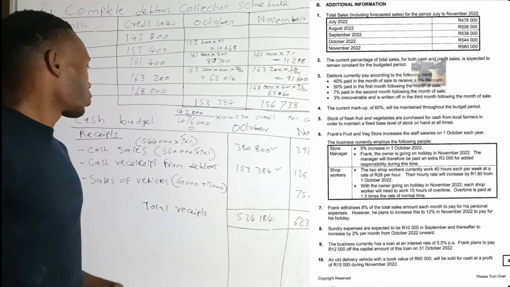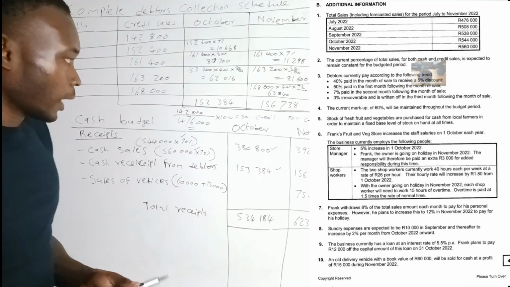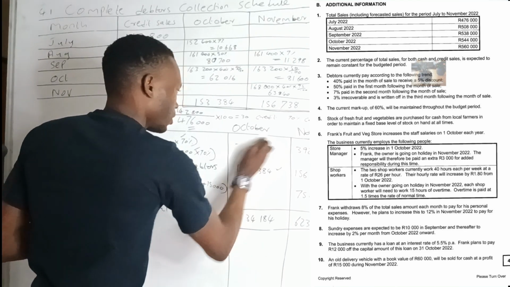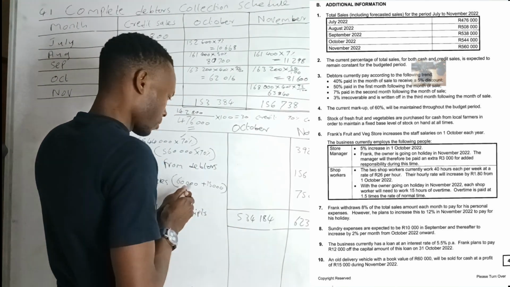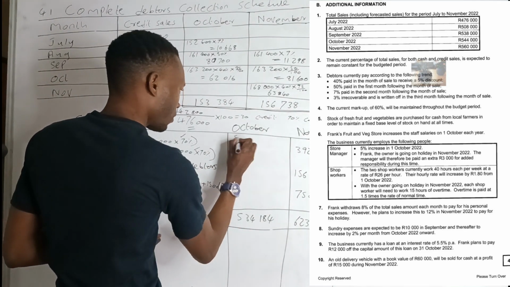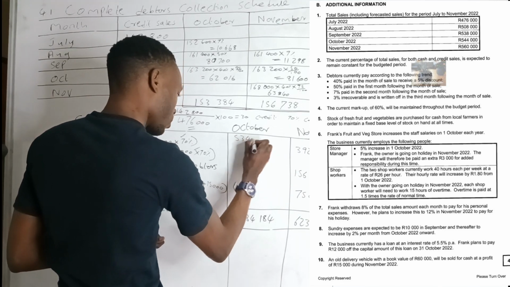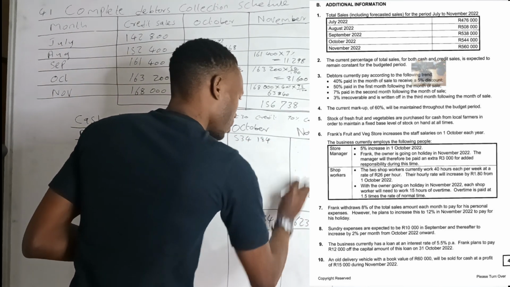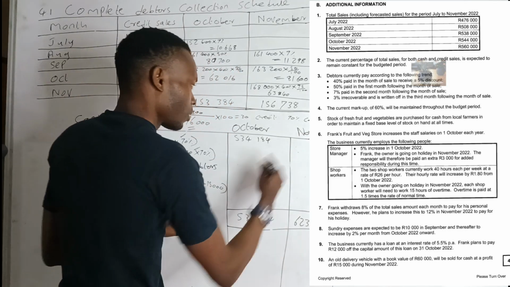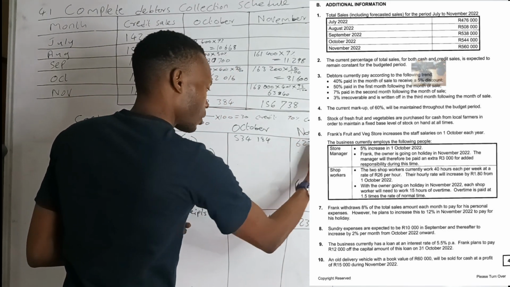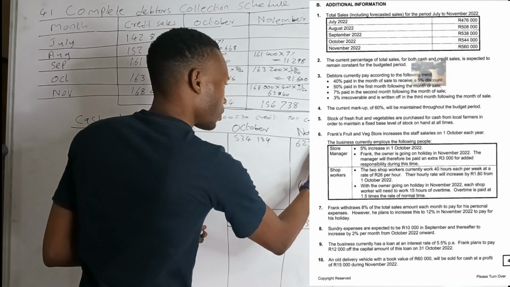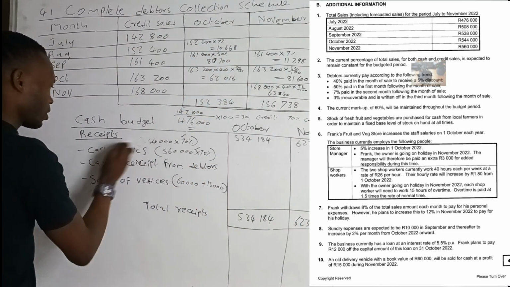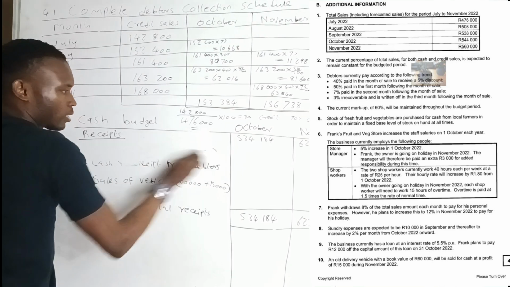So this is how you should do your receipts. Let's just copy these amounts here: 534,184, and the other one is going to be 623,738. I just want to use this space, guys, for payments.